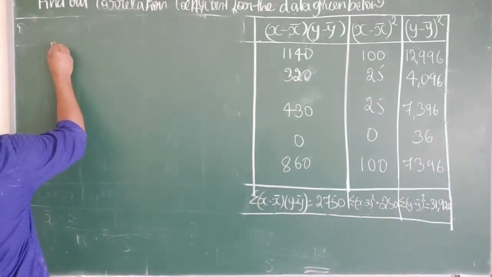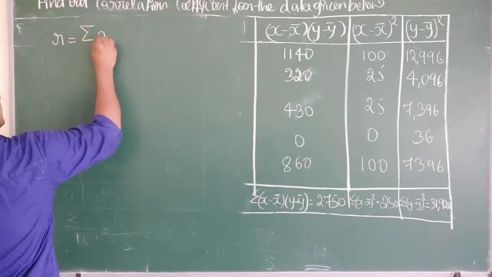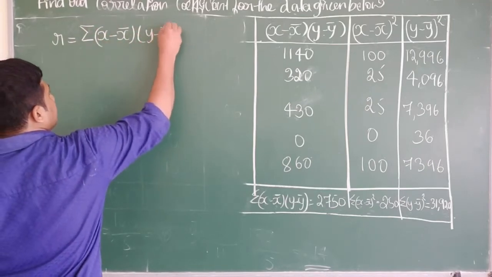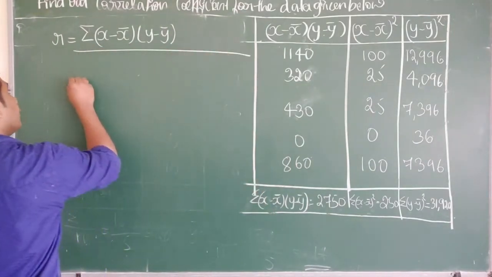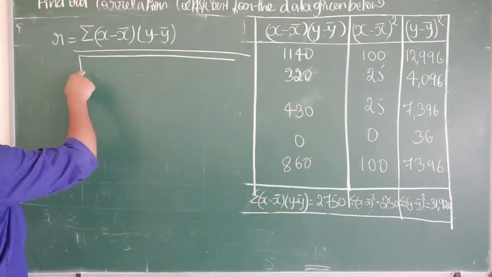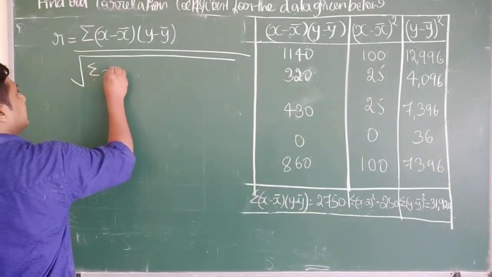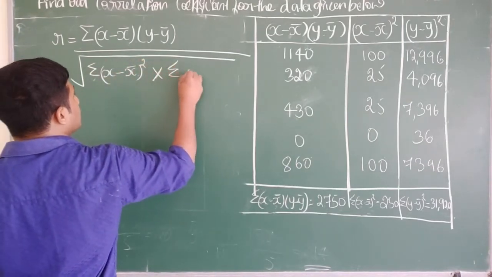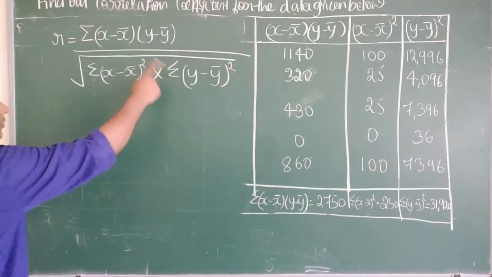The correlation coefficient, that is r, is equal to sigma x minus x bar into y minus y bar, which is my numerator, divided by root of, this is actually your covariance, root of sigma x minus x bar square into sigma y minus y bar square. Remember, it is a whole root.